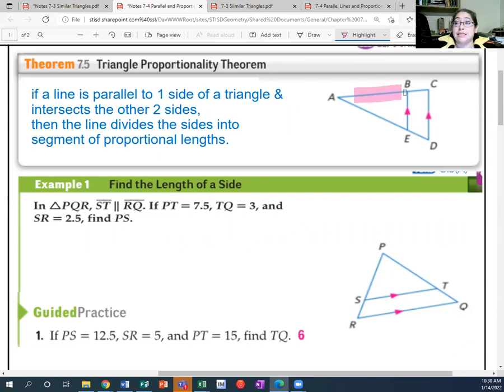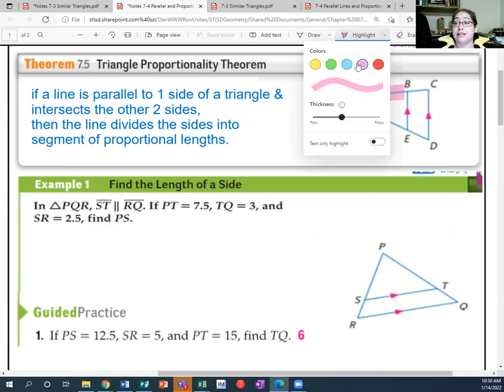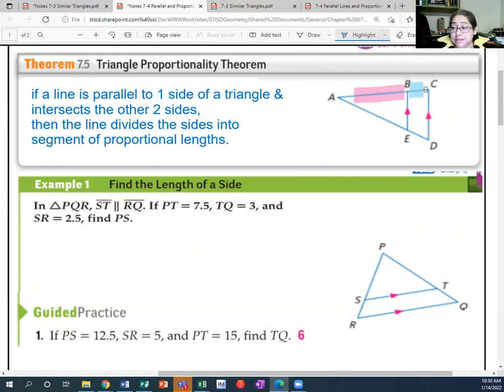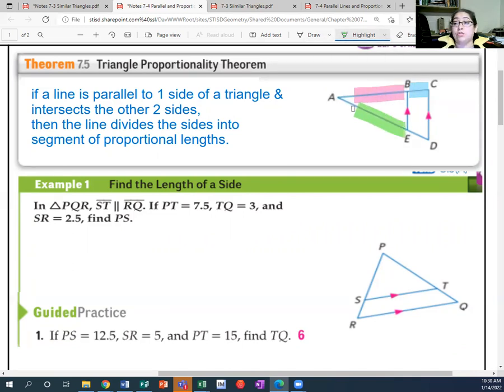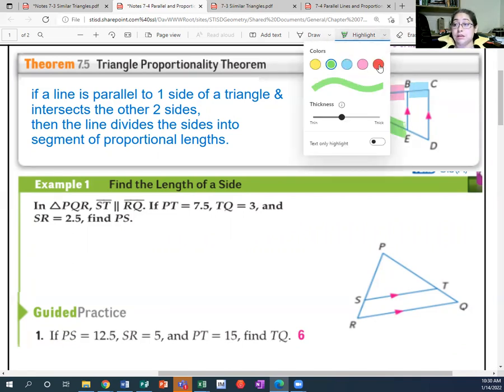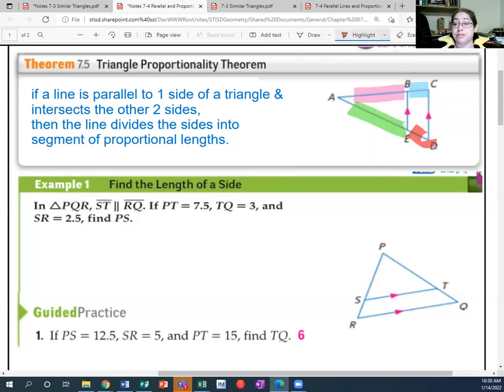That is, this piece of that line is proportional to this piece. I can write these two as a fraction, and that fraction will be equal to this piece written in a fraction with this piece. Okay, let's practice that in this triangle setup.